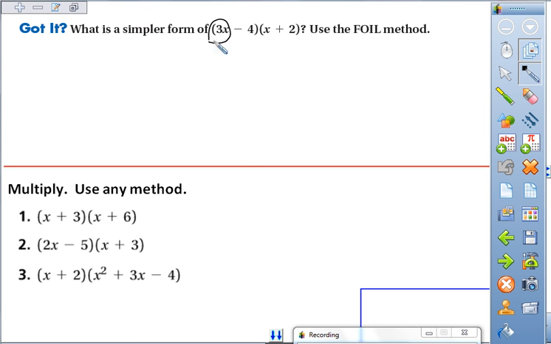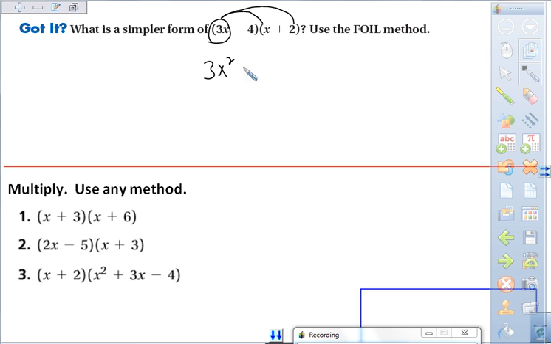So let's try the FOIL method. So first would be that, and we get 3x squared. Outside would be those two, and I get 6x. Inside is negative 4x, and last would be negative 8. Simplify.